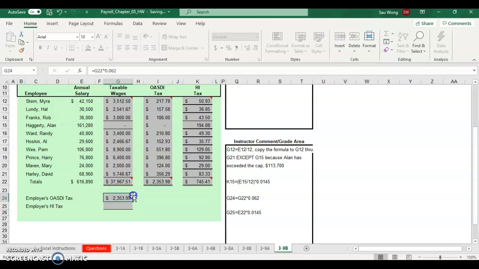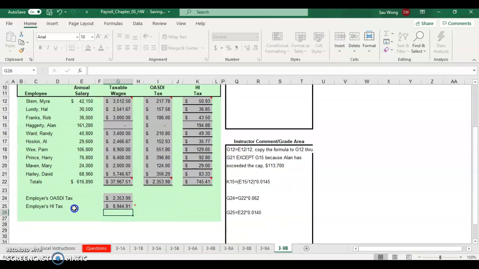Okay, and then the employer's HI, the employer Medicare tax would be, since the Medicare tax has no cap on it, so it will be E22 times 0.0145, 1.45%.